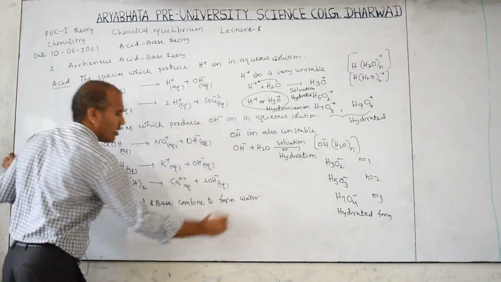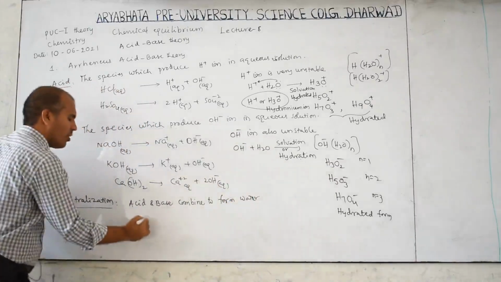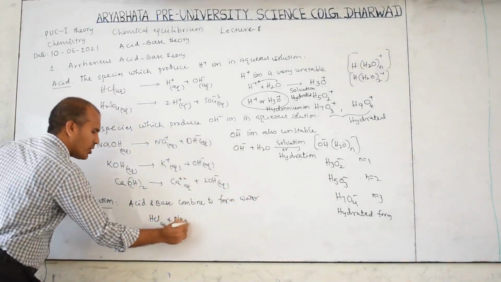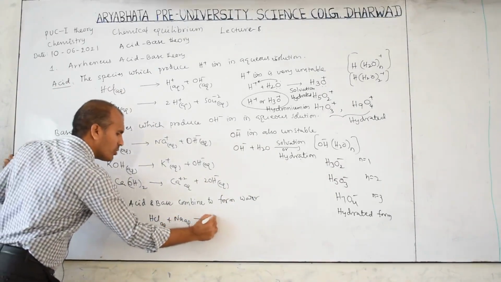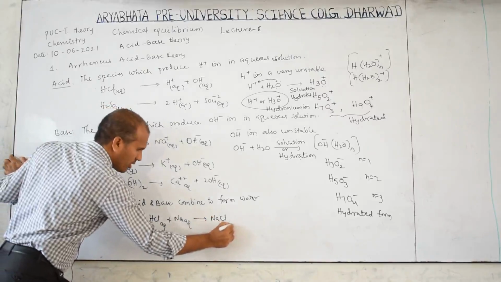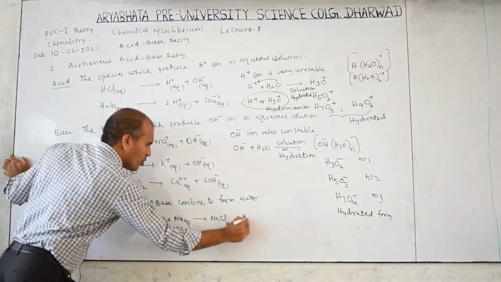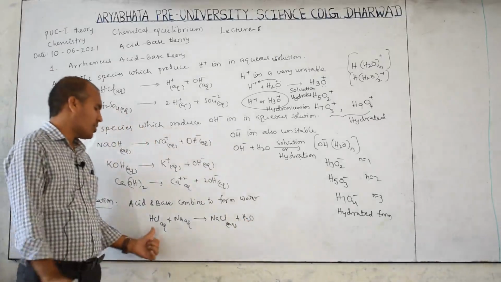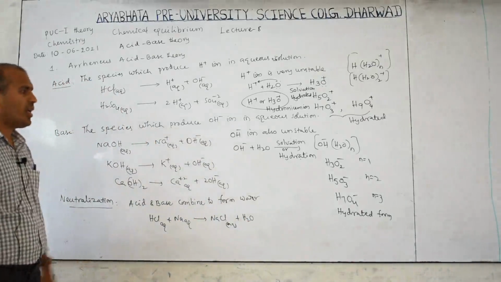That is called a neutralization reaction. For example, HCl aqueous and NaOH aqueous give rise to NaCl salt aqueous and H2O water. So this water formation is called a neutralization reaction.